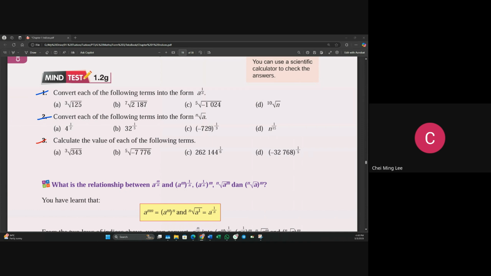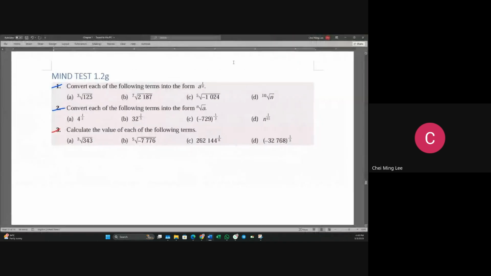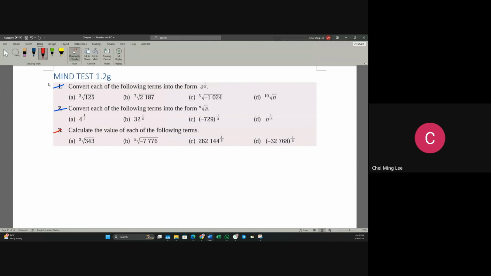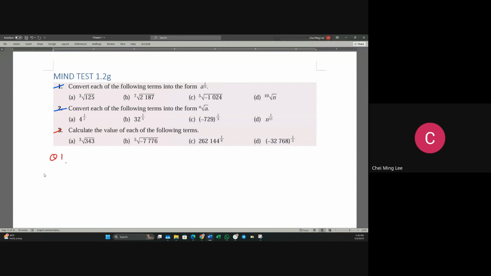Done? All right, so let's see the answers. So for the first one, for A, the cube root of 125 we can change into 125 to the power of 1 over 3. All right.